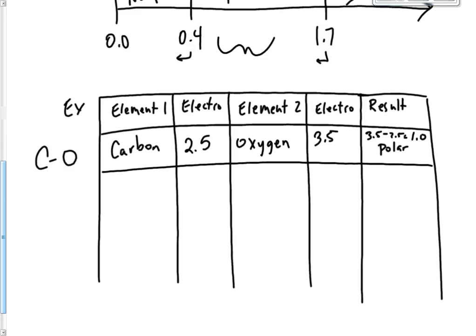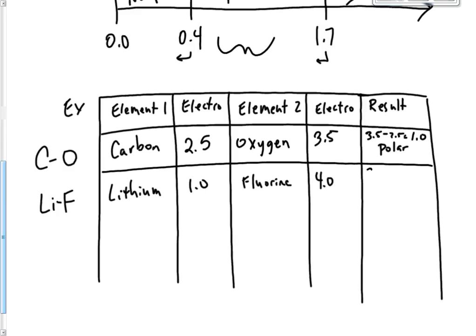Let's do another one. Let's say that it is lithium and fluorine. Okay, a lithium and a fluorine bond. Lithium is your first one, and its electronegativity is a 1.0. Fluorine is your next element, and its electronegativity is a 4.0.